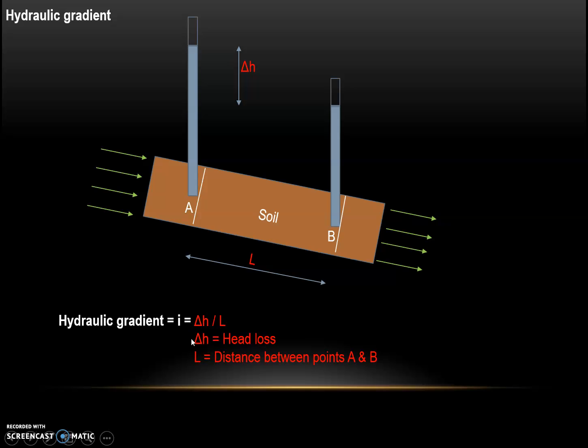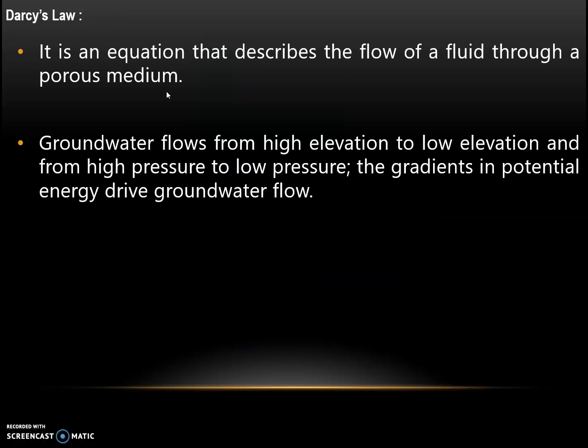So delta H is head loss and L is the distance between the points A and B. So hydraulic gradient I is equal to this head loss, that is delta H, divided by the distance between the points considered, that is L.